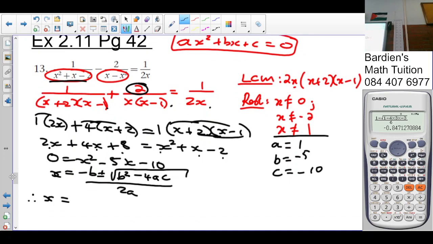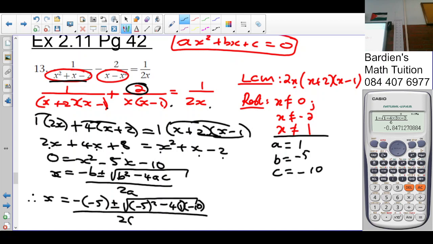So it's going to be minus 5 plus minus negative 5 squared minus 4. Your a value is 1. Your c value is negative 10 over 2, and your a value is 1. This now implies that x is equal to... So let's punch it in.